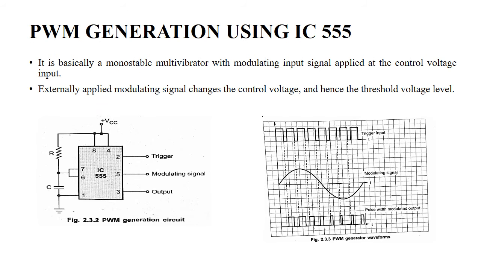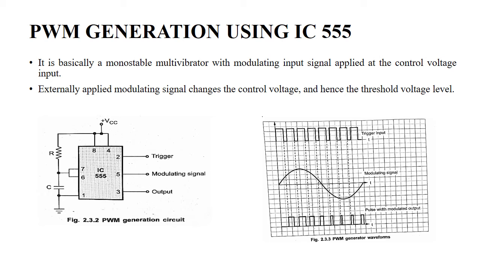The next topic is PWM generation using the IC 555. It is basically a monostable multivibrator with a modulating input signal applied at the control voltage input. The control voltage is adjusted to 2/3 VCC.